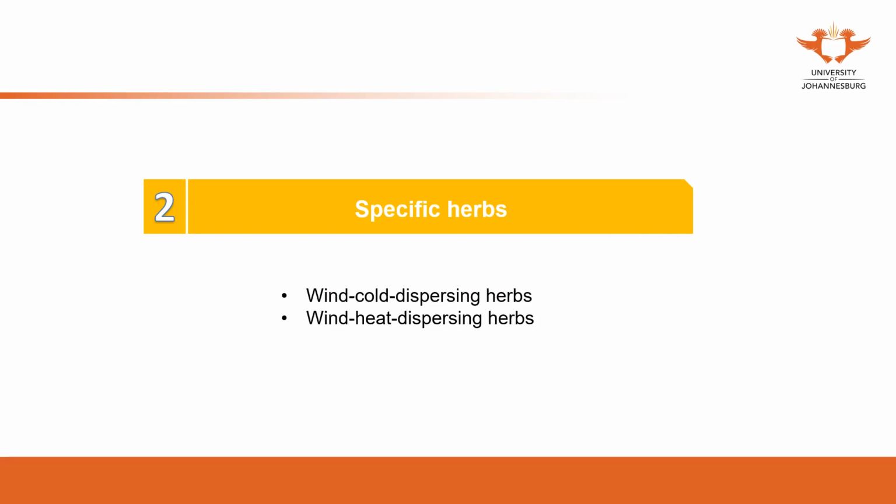From the general introduction, we knew that there are about 500 different kinds of herbs that are commonly used in clinical practice. We are not going to introduce all of them, only some of them. From the discussion in these few videos, we try to show you how to analyze the actions from their natures and flavors.